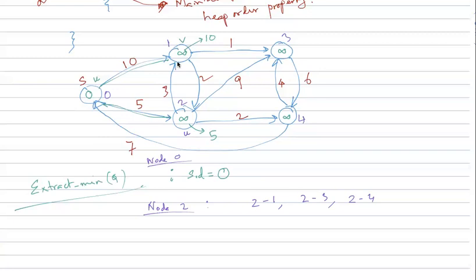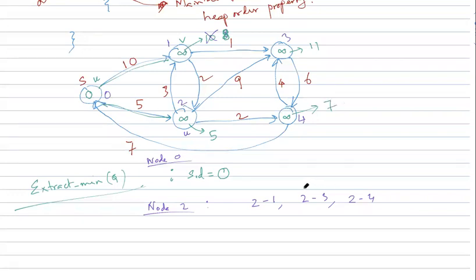So it's going to see 5 plus 3, 8, which is less than 10. So I can improve this, and this now becomes 8. Then with respect to 2 to 3, this clearly will become 2 plus 9, 11. I better change the color, otherwise it's very confusing. So this becomes 8, this becomes 11, and this becomes 5 plus 2, 7.